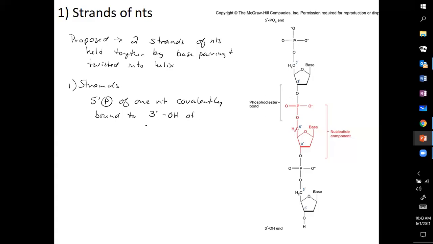The bond that forms is called a phosphodiester bond. So here's the 3' hydroxyl. I'll call this the 3' hydroxyl of this nucleotide.